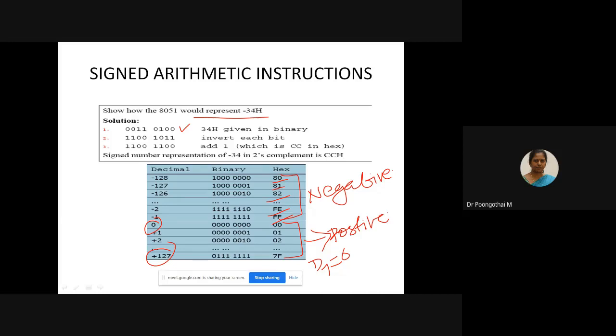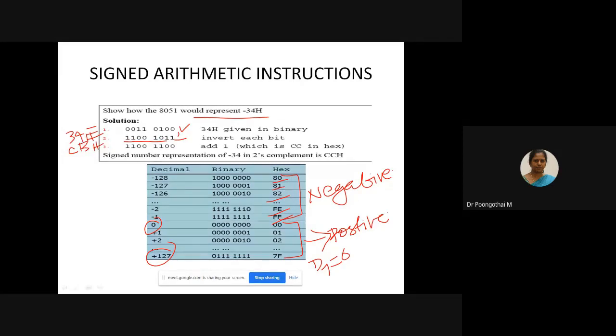Next, invert the individual bits of the given number: 0 becomes 1, 0 becomes 1, 1 becomes 0, and so on. So what is the hexadecimal representation for this? Please tell me. CB. C? B. B, okay.